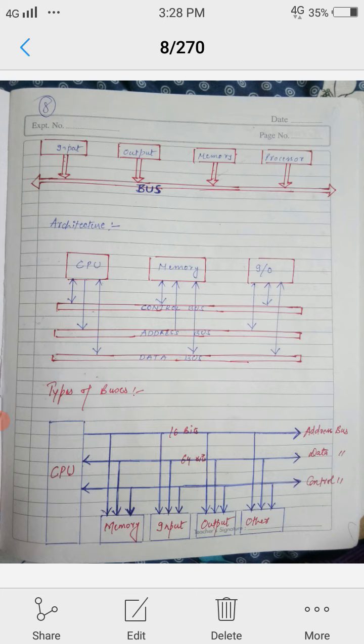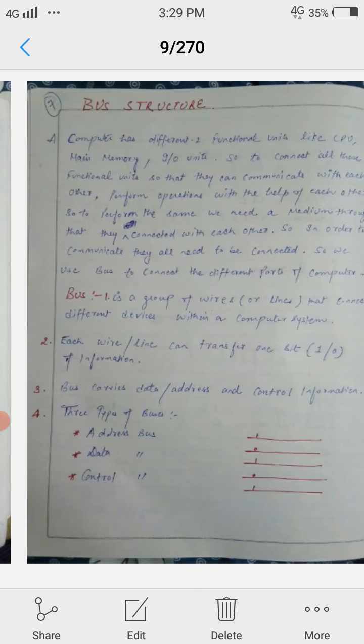Address bus, as you see in the diagram, is unidirectional and it is a group of wires which carries address information bits from processor to peripherals, and address bus width determines the maximum memory capacity.